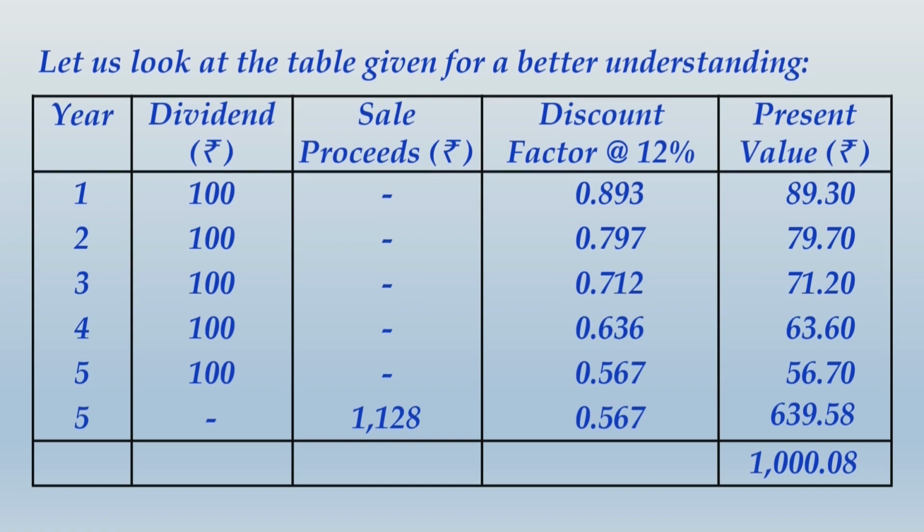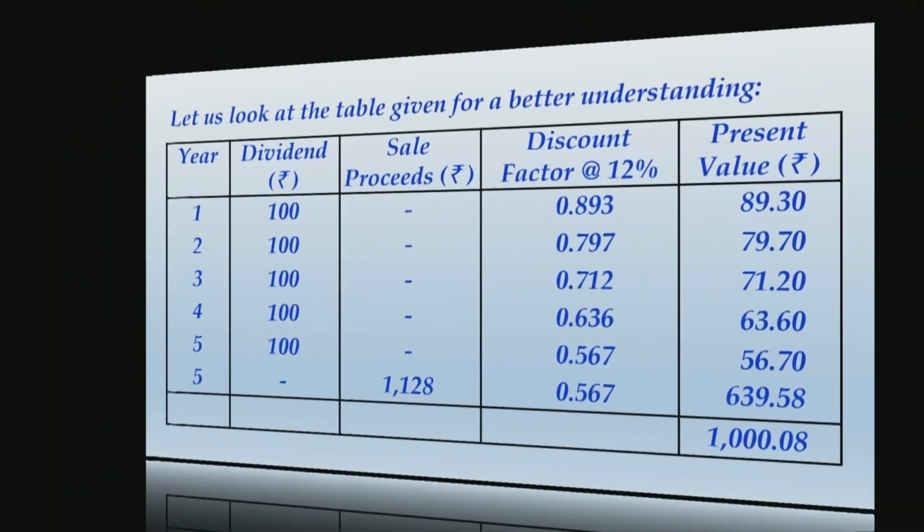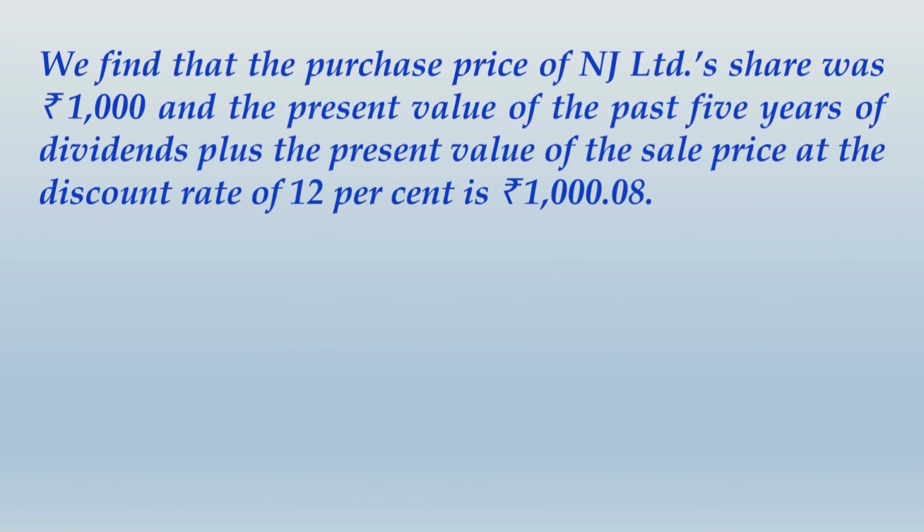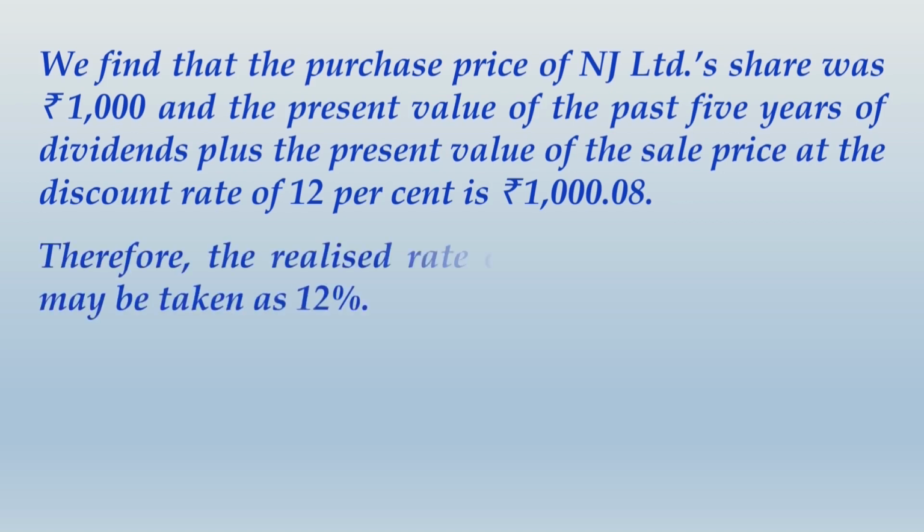Let us proceed ahead and understand how to conclude the answer. So please carefully note down the further part of the answer. We find that the purchase price of NJ Limited's share was rupees 1000 and the present value of the past 5 years of dividend plus the present value of the sale price at the discount rate of 12% is rupees 1000.08.